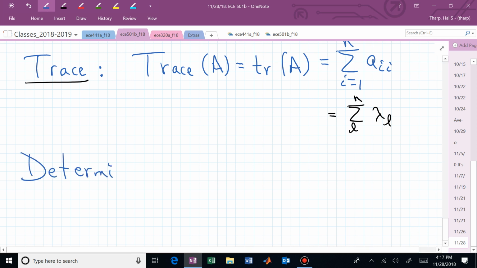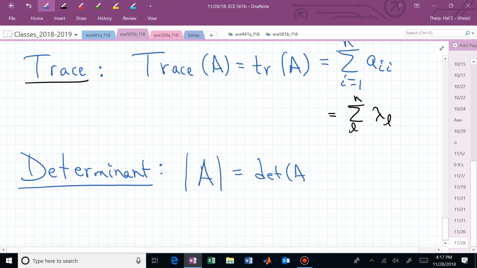The determinant of a matrix, which I might just denote by single vertical bars on A, or I might say the determinant of A, is now equal to the product of those lambdas.